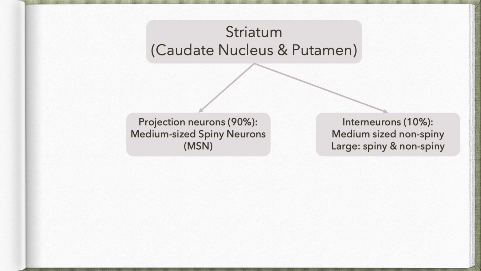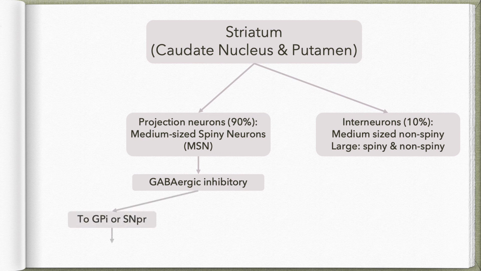Now coming to these projection neurons, which make up 90% of caudate nucleus and putamen, they are all inhibitory GABAergic neurons. They are further divided into two groups. Those which project to globus pallidus internum and substantia nigra pars reticulata, they are rich in substance P and dynorphin, and they express D1 type of receptor for dopamine on the surface.